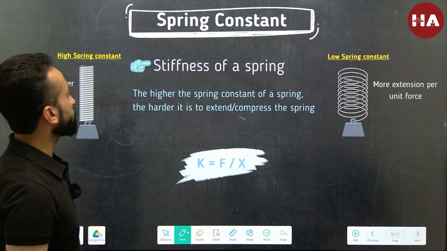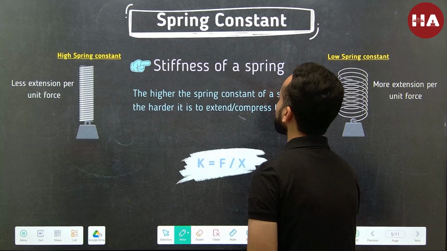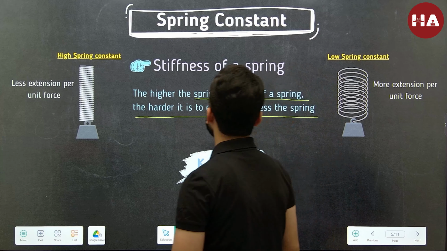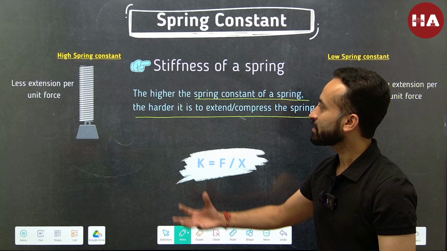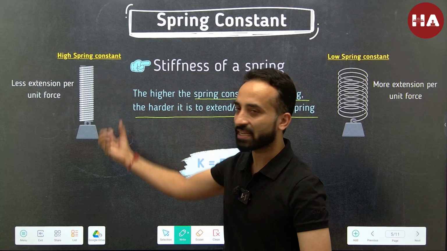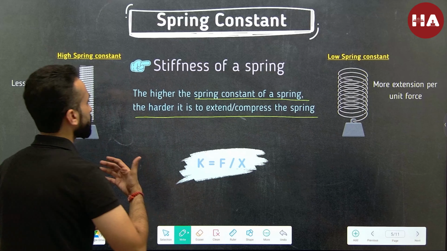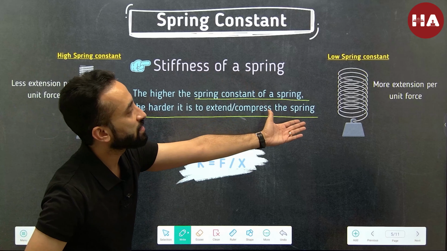All right. So stiffness of a spring, the higher the spring constant of a spring, the harder it is to extend or compress the spring. All right. So let's say these are two different springs which you can see. This one feels kind of a little stiff and you don't expect the deformation to go that much as you would expect in this slinky spring.